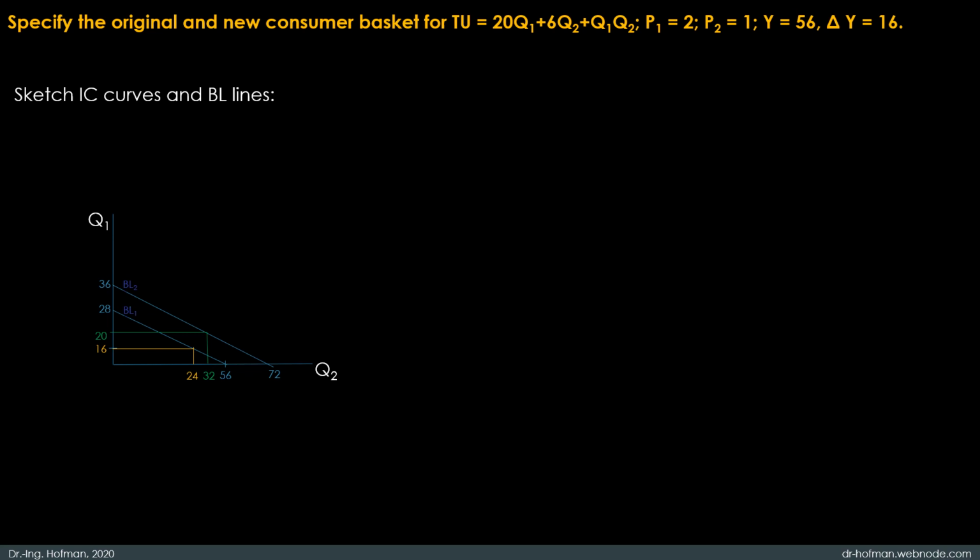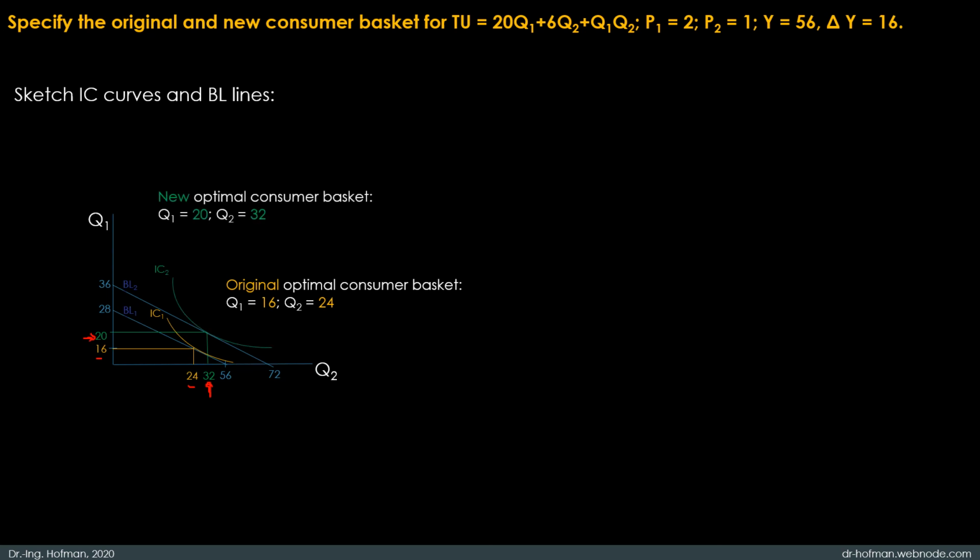Indifference curve 1, the yellow one, meets budget line 1 at the point 16, 24, the original optimum, and for the new optimal consumer basket 20 and 32, there is the green indifference curve 2 at the point where it meets the tangent budget line 2.